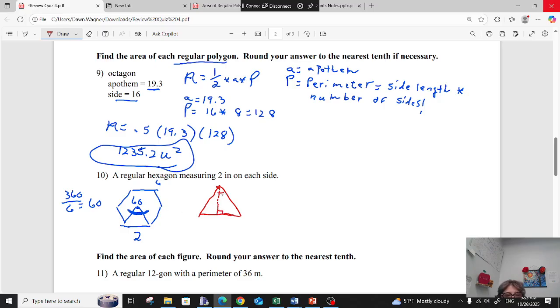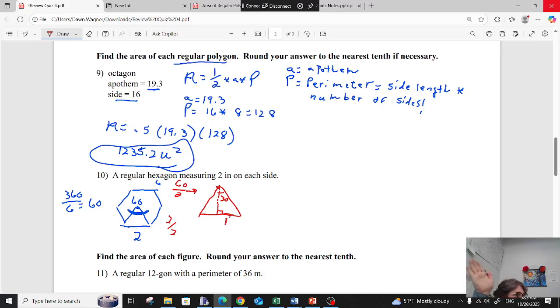What's this angle now? 30, because I had to cut it in half. 60 divided by 2 is 30. Now, am I going to use 2 or am I going to have to cut that in half also? I have to cut that in half. So what's 2 divided by 2? 1.